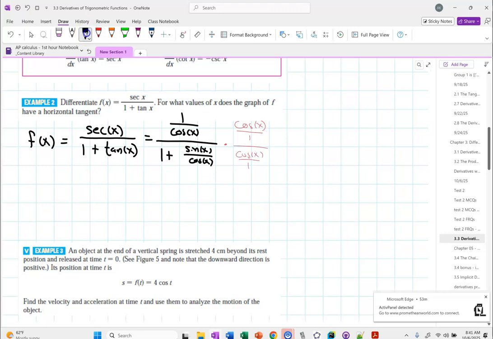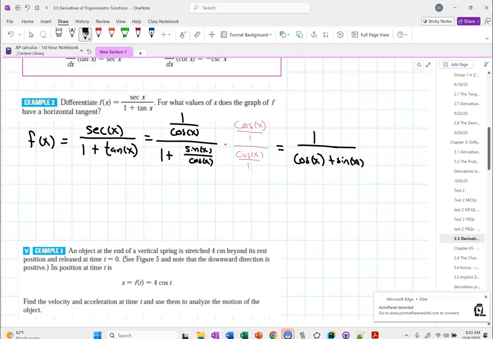I'm going to clear fractions here, like we would for a complex fraction problem. I'm going to differentiate that, which seems way simpler to me.